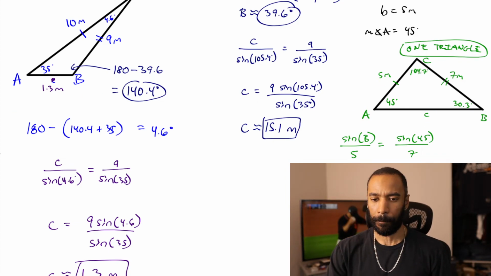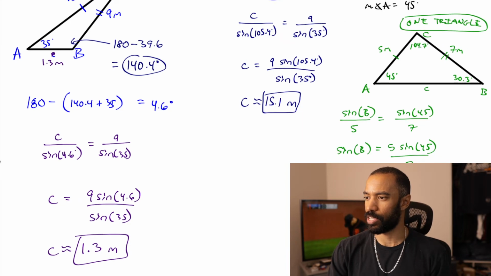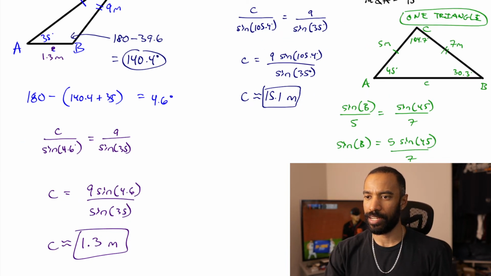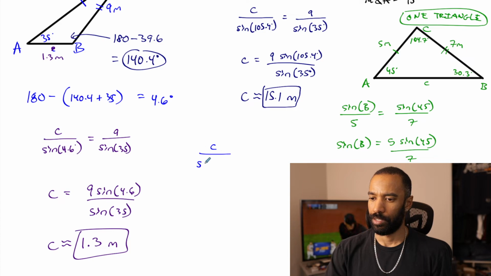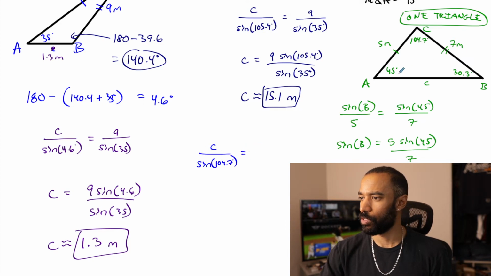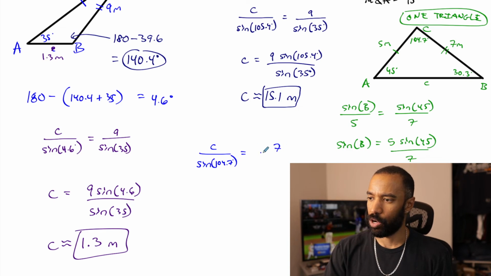Side length C is last to be done using law of sines here. C over sine of 104.7 equals, let's use A's, 7 over sine of 45.